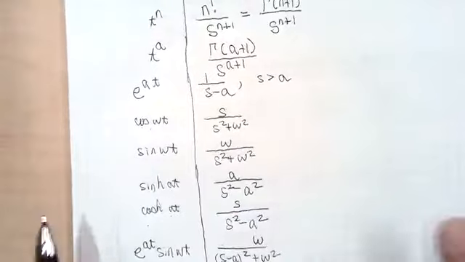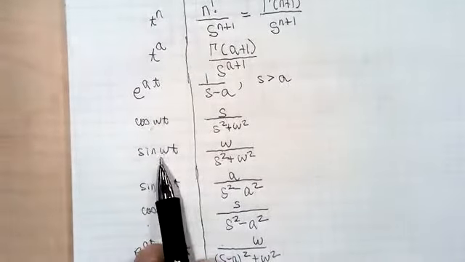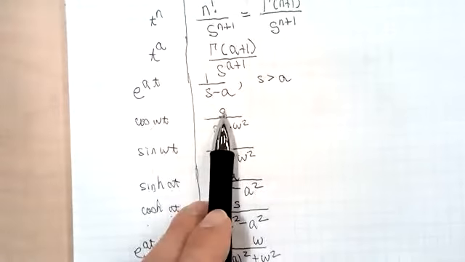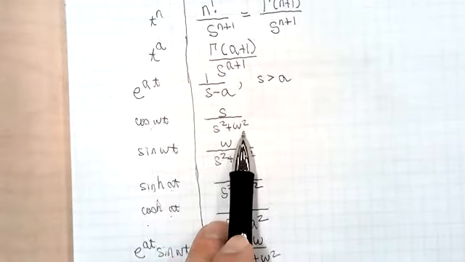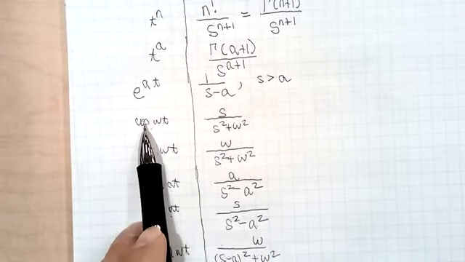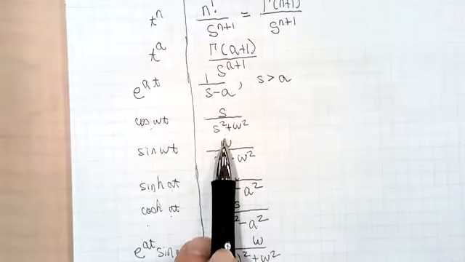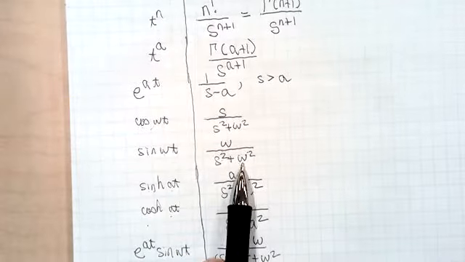Well, you zip through here and you say, oh yeah, those look a lot like the transforms of cosine and sine, right? If you have s over s squared plus omega squared, in this case 1 squared, then that is the transform of cosine. And if you have 1 over s squared plus 1 squared, that's the transform of sine.